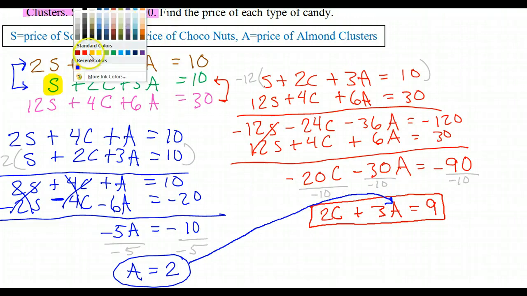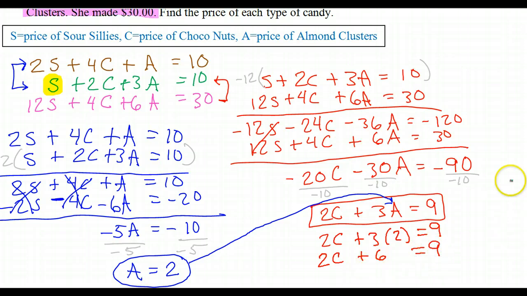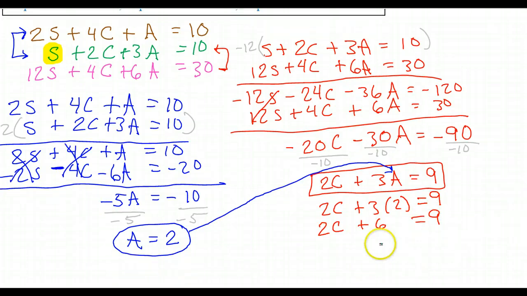So that's going to give me 2c plus 3 times 2, because that's a, is equal to 9. So that's 2c plus 6 is equal to 9. All right, subtract 6 from both sides. That gives me 2c is equal to 3.